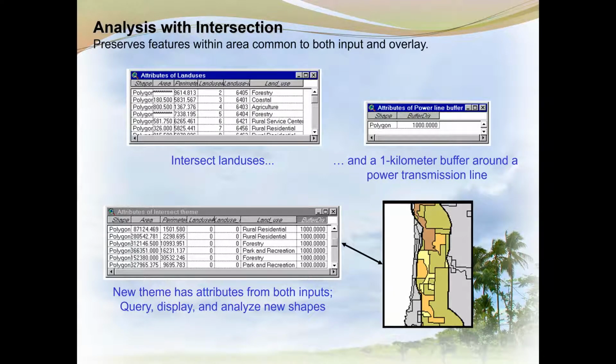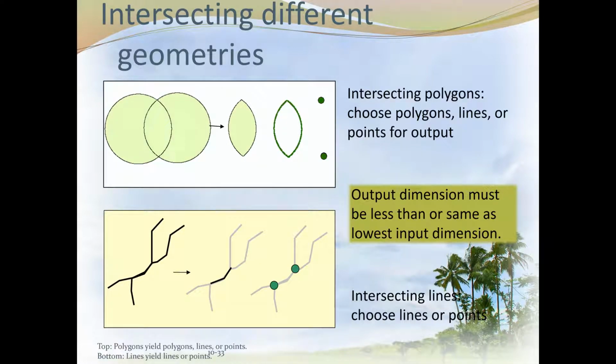So query, display, analyze new shapes. In our exercises, we did select by attribute and select by location. That kind of feature asks you to do intersecting, and intersecting is very important to understand the spatial concept here.